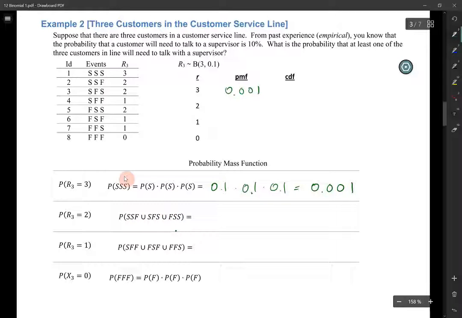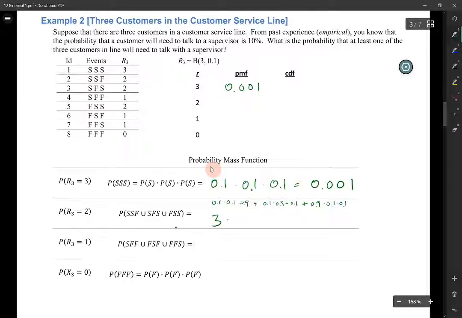So instead of writing 0.1 times 0.9 plus 0.1 times 0.9 times 0.1 plus 0.9 times 0.1 times 0.1, I kind of wrote that whole thing out, but really what we want to do is just say there's three cases where it's 0.1 squared times 0.9, because the square will take the 2 of them, and then there's just a 1 by itself.